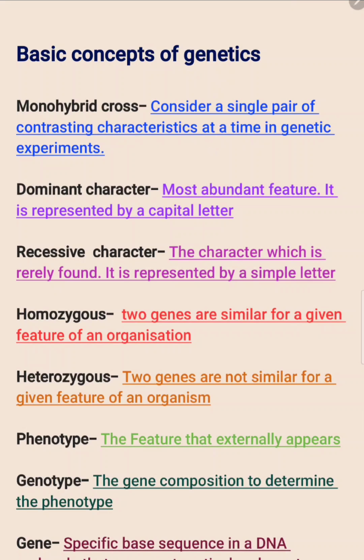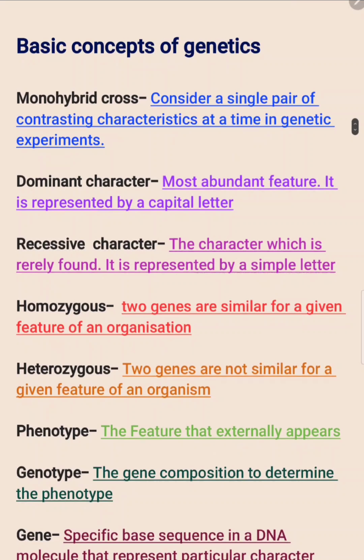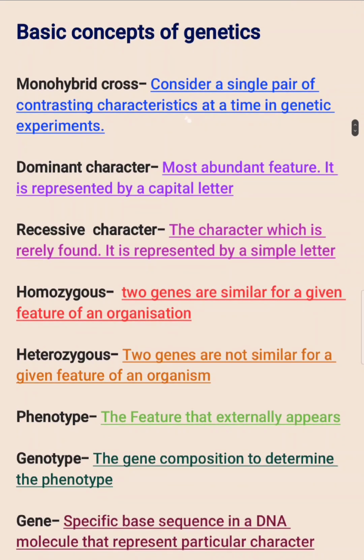You have to know these basic concepts, and some of them are most important, so keep these definitions in mind. First is the monohybrid cross. A monohybrid cross means considering a single pair of contrasting characteristics at a time in a genetic experiment.